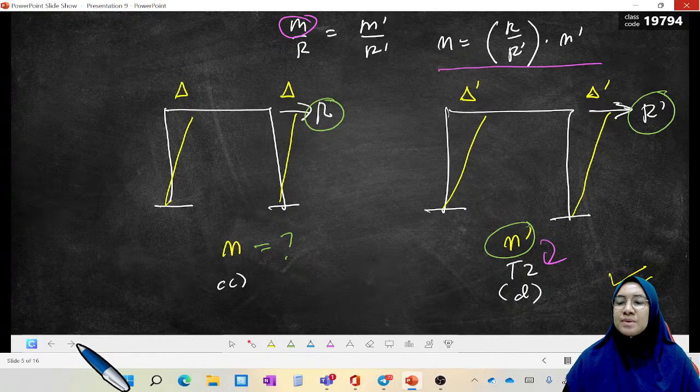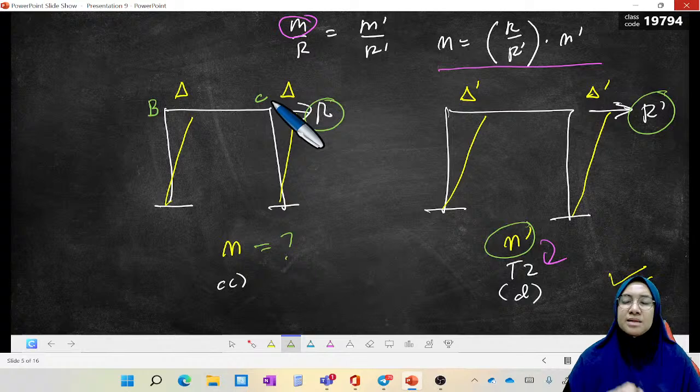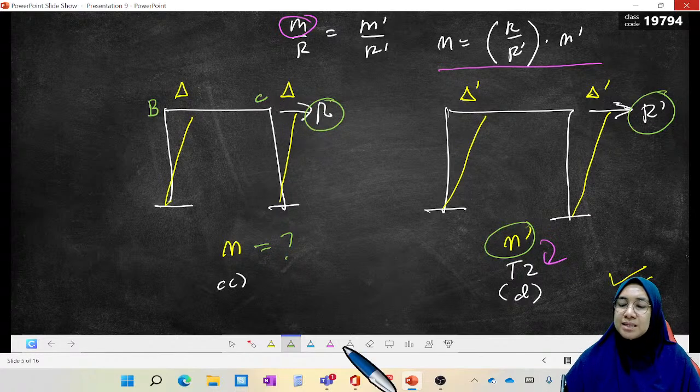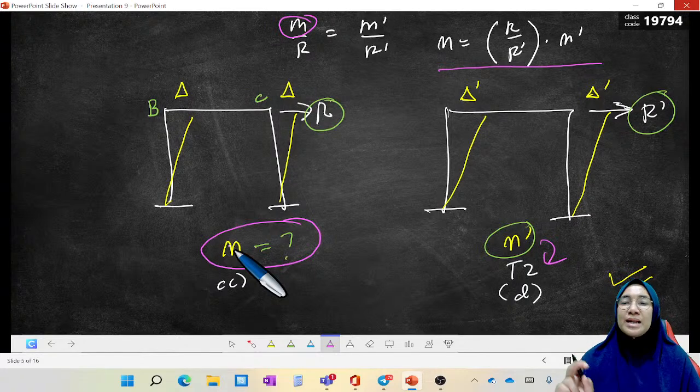In diagram C, it is a sidesway frame subjected to R, and due to R, there is delta at two positions, at position B and at position C. Due to delta, because we can calculate FEM due to delta, there will be end moment. In C, we label it as M.